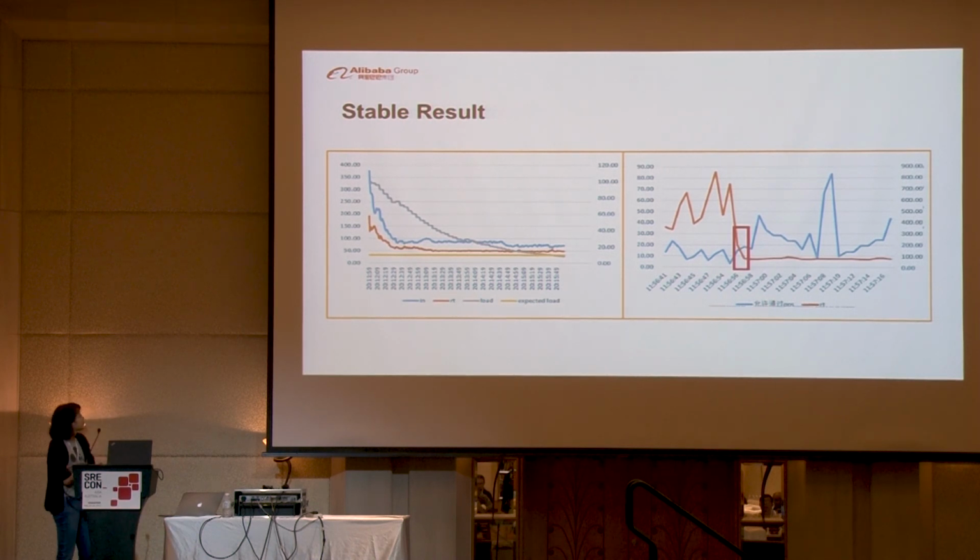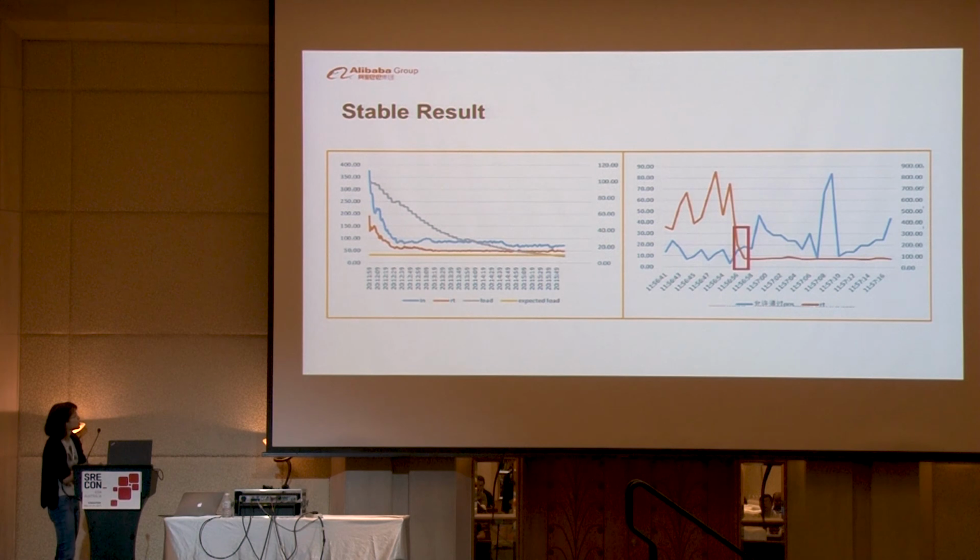As we can see, when the system has hit a very high load, according to this formula, we adjust the incoming request. The high load can be reduced steadily, and finally it will stay at a stable level.